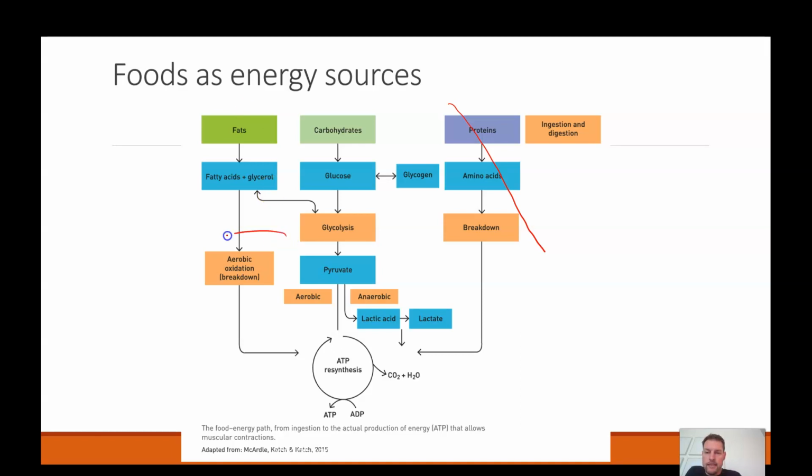Fats, we can only break down fats aerobically, so that means we need oxygen to break down fats. The other important point is with carbohydrates, we can break down carbohydrates both aerobically and anaerobically. So that's really good to know because it's a really valuable energy fuel, a food fuel, which can be used both with oxygen and without oxygen.